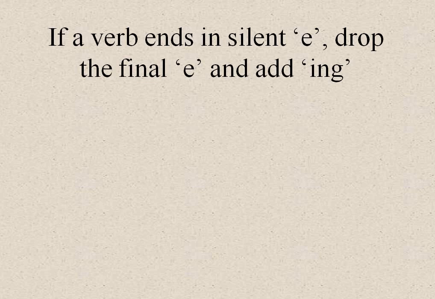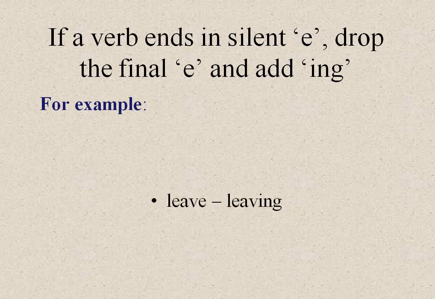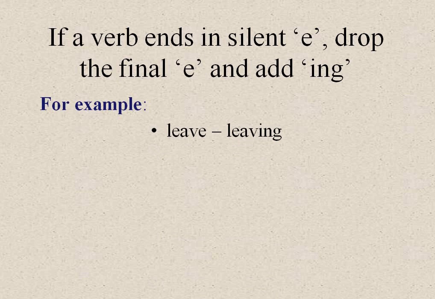So if you check, we have some examples. The first example, you are given a verb called leave. Most people like to say, leave me alone. When do you say leave me alone? If someone is disturbing you, maybe.